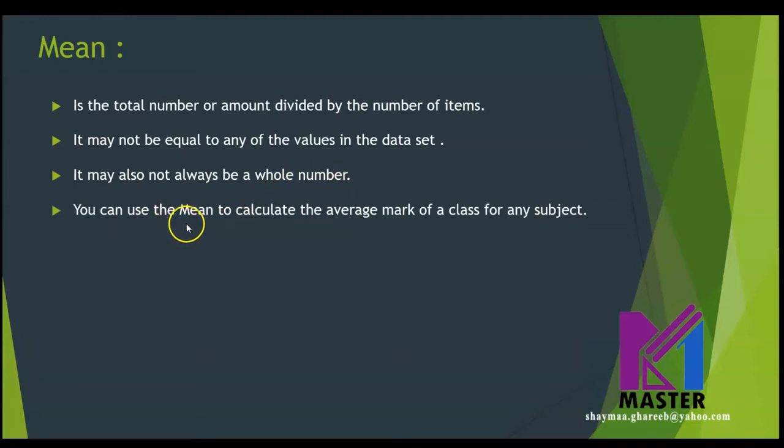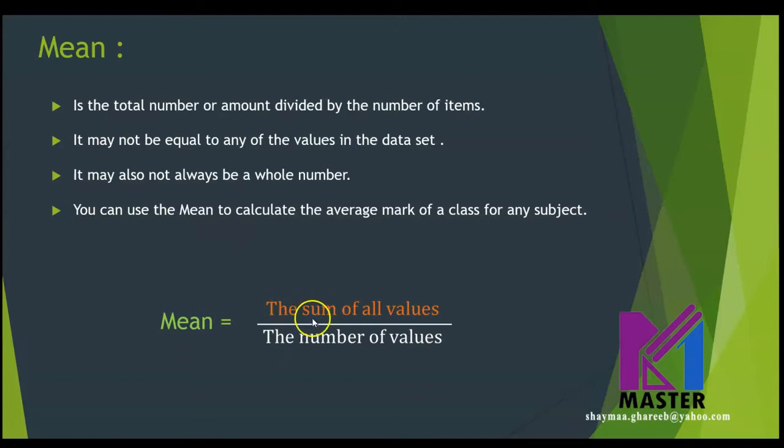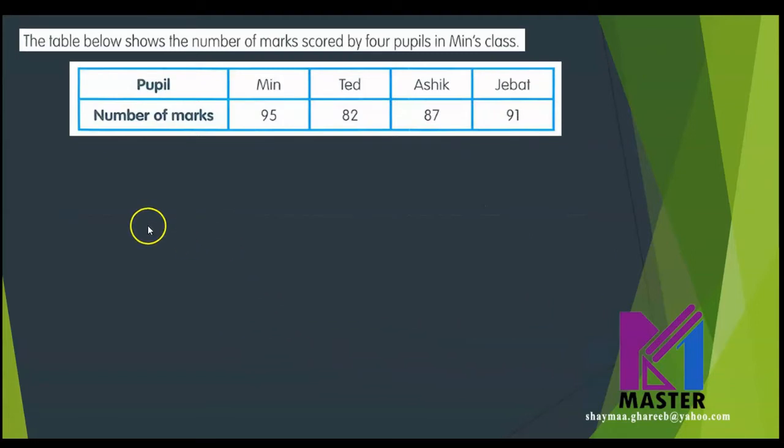We can use the mean to calculate the average mark of a class for any subject. How do we calculate the mean? The sum of all the values divided by the number of values. We'll see by example.